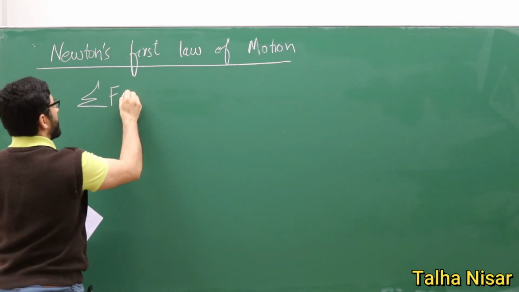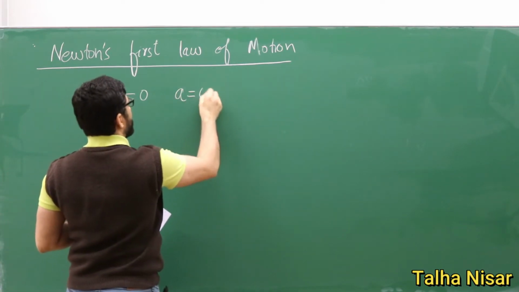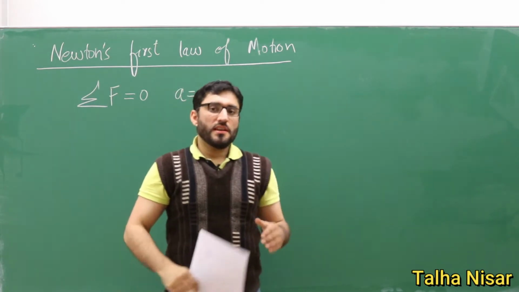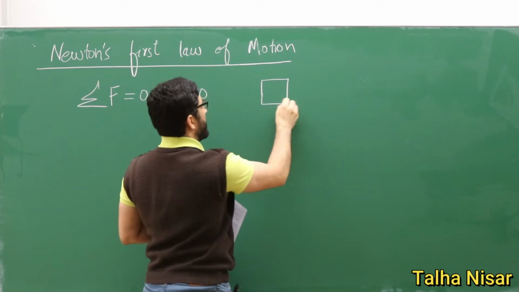on an object is equal to 0, the acceleration will be 0, which means if a body is at rest, for example, we have an object which is laying here.